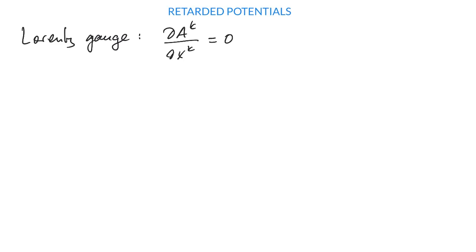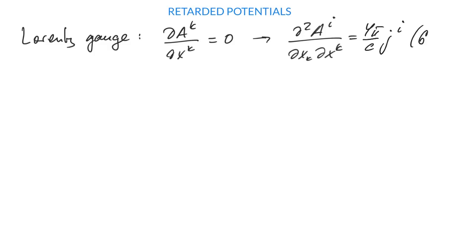And in this gauge, the wave equation looks like the second derivative of A i with respect to x k, x k, equals 4 pi over c j i. This is in Gaussian units. In SI, the right-hand side is mu naught j i.